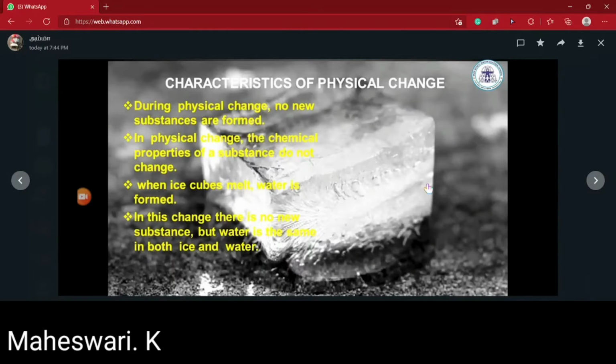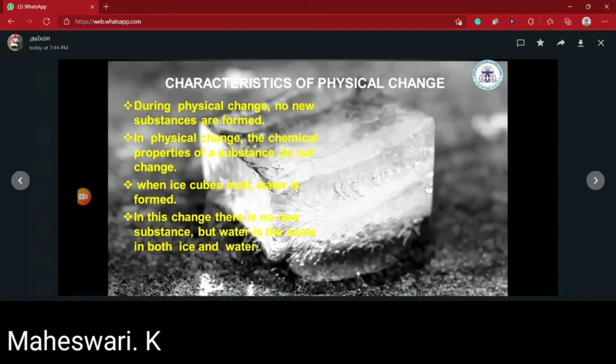Next, during a physical change, no new substances are formed. In a physical change, the chemical properties of a substance do not change.